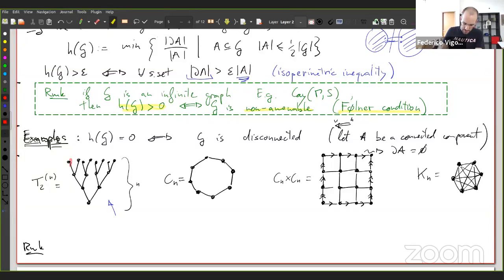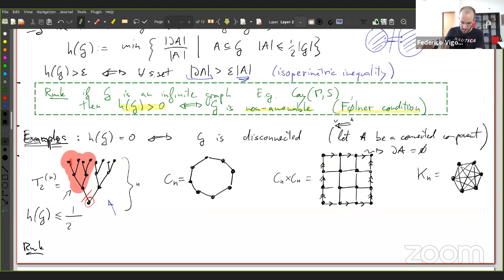If we pick one big set, that is, we cut away this edge, then the boundary of this big set is just one vertex, so the Cheeger constant of this graph is at most 1 over the size of this set, which is 2 to the n minus 1.